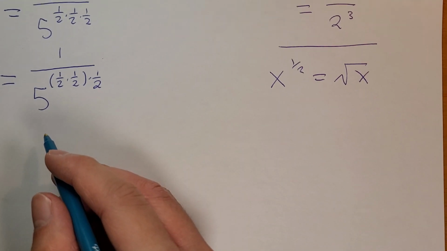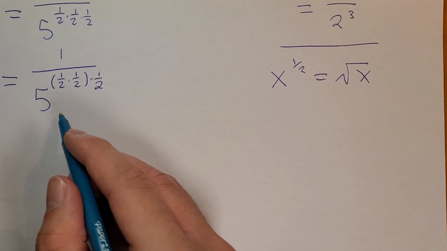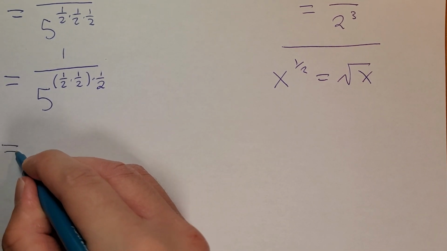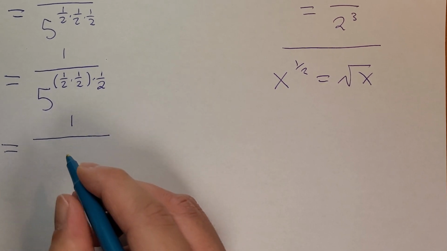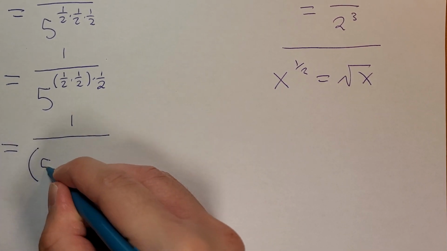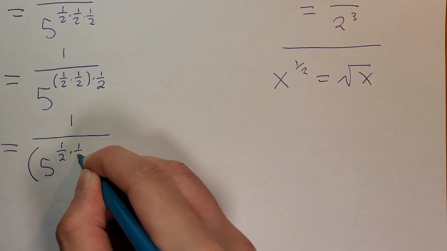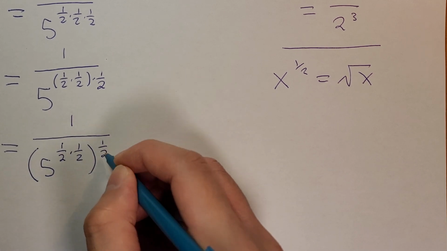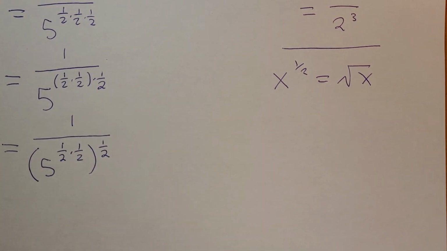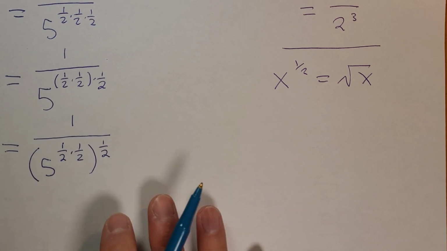Then I'm going to move one number on the inside and one number on the outside, like so. Then I'm going to do the same thing on the inside.